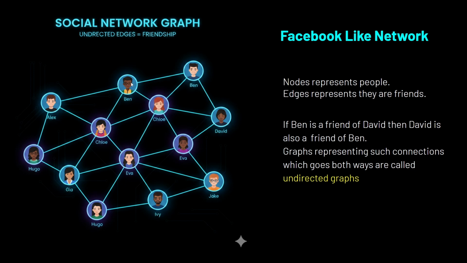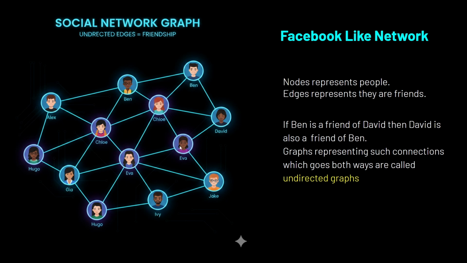Here you can see that Ben is friends with Chloe, Eva is friends with Jack, and Ivy is friends with Hugo. Hugo is a friend of Ivy, but Hugo is not a friend of Jack or Eva, because he is not directly connected with them.